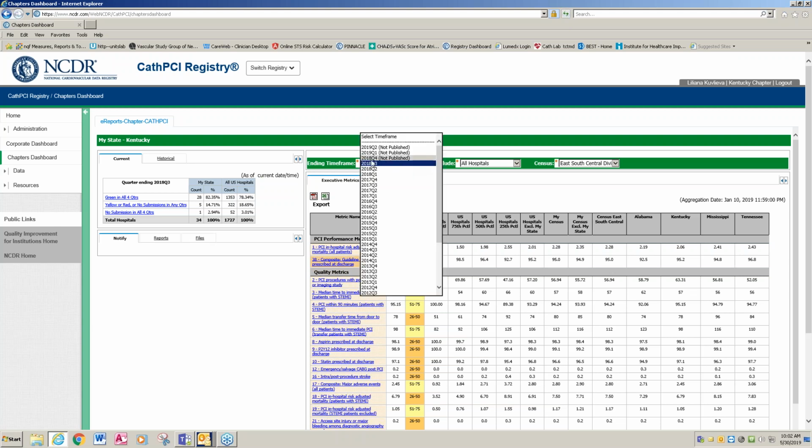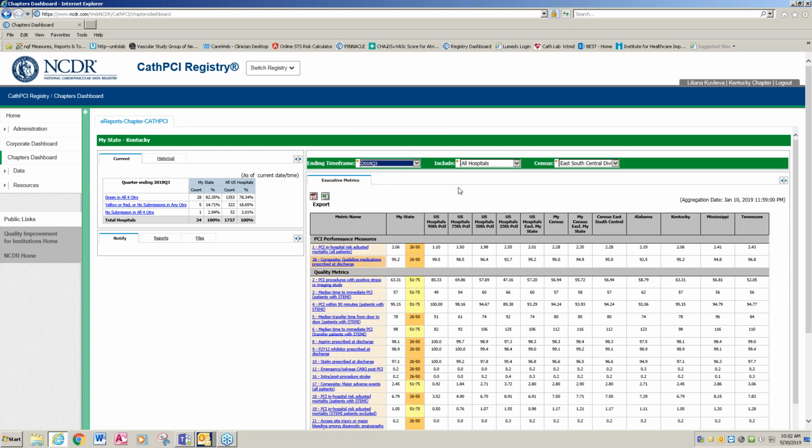The way that it works, we always choose which quarter we're looking at. Of course, we want to have all the hospitals, and those are all the choices that we can select to look at the data for. And those are like a census-based division of all United States. We are in East-South Central Division that includes Alabama, Kentucky, Mississippi, and Tennessee.